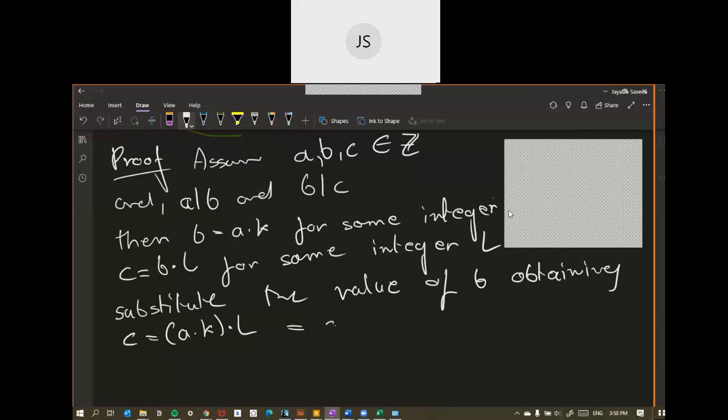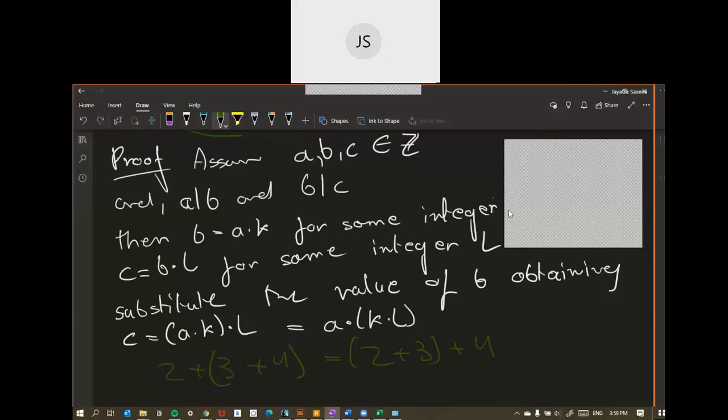and associativity is this property of changing brackets. An example of associativity would be 2 plus 3 plus 4. We can say that this is the same as 2 plus 3 plus 4. You can switch brackets in this place, or you can perform the operation in any order.